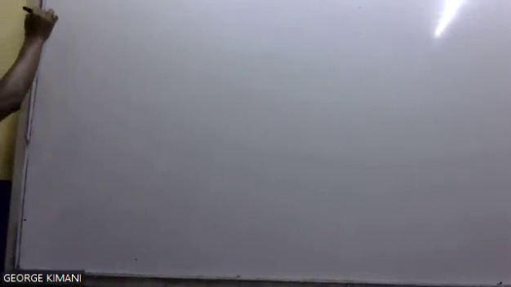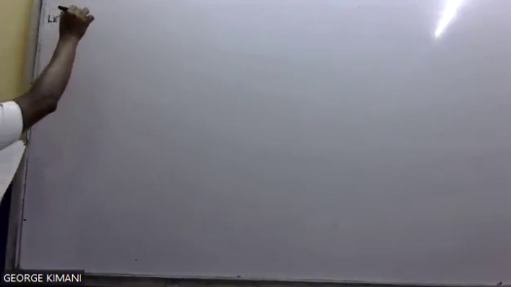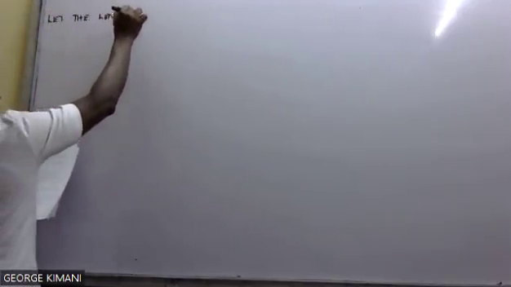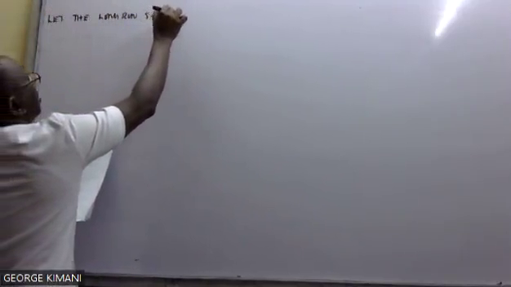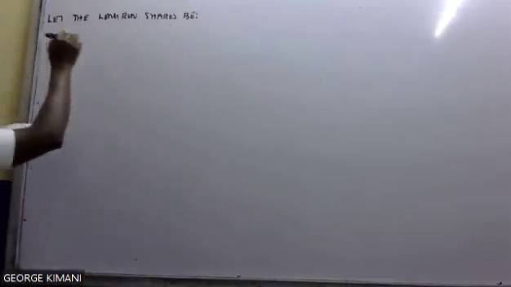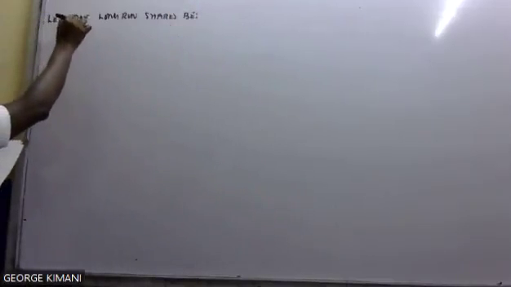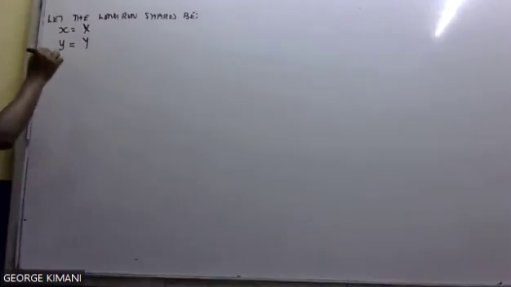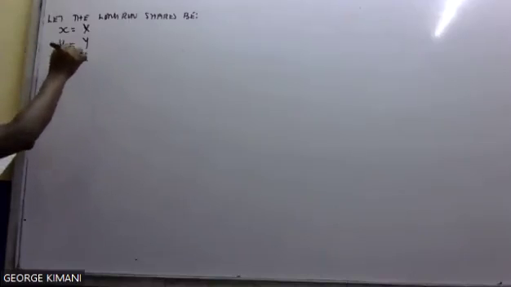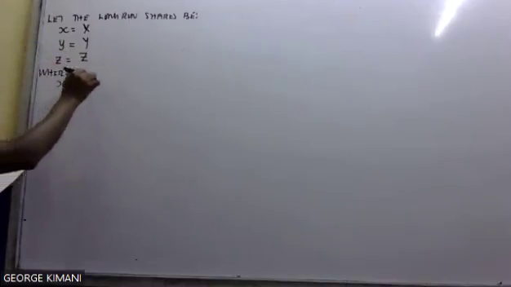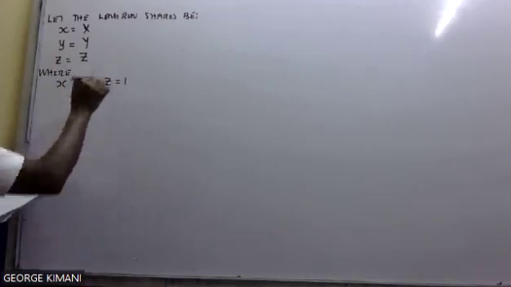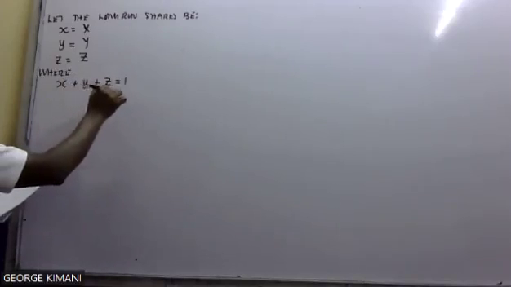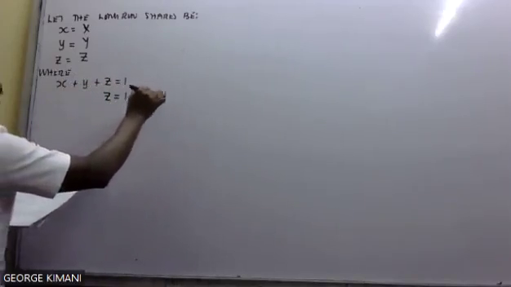So the long run is argued like this. Let the long run shares be small x to represent capital X, small y to represent capital Y, small z to represent capital Z, where x plus y plus z is equal to 1, and then z is equal to 1 minus x minus y.